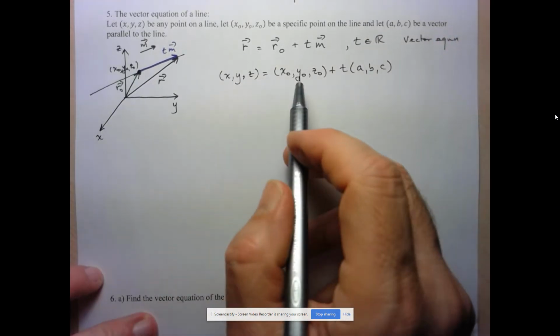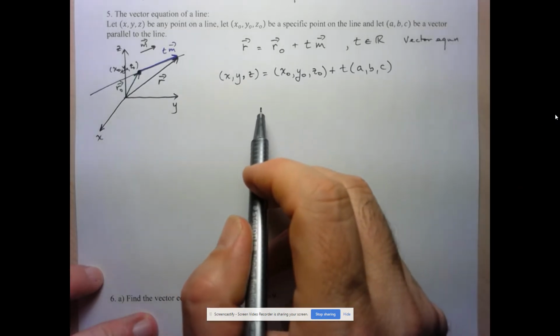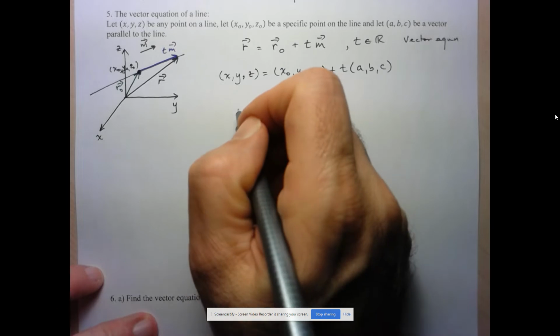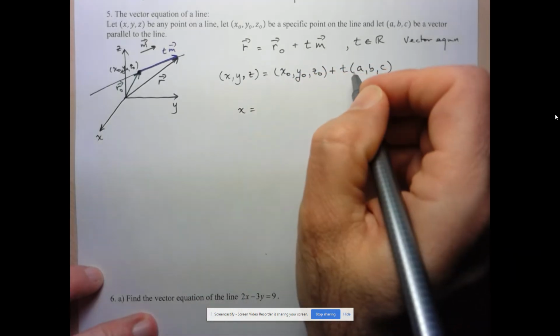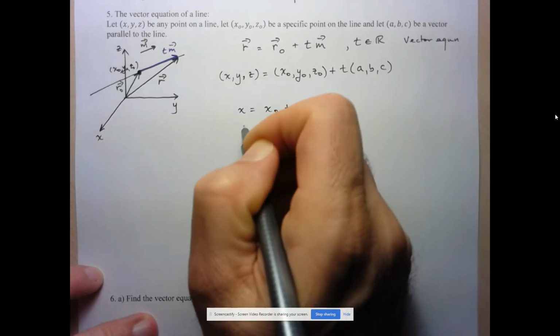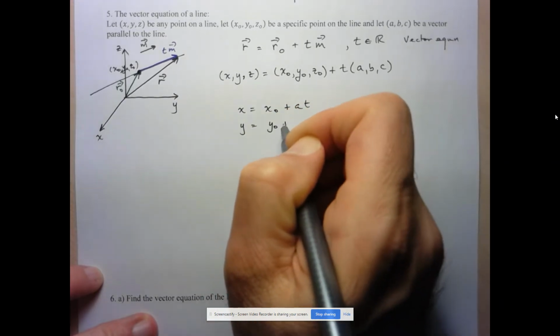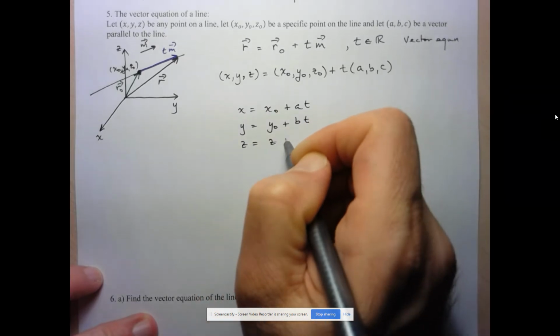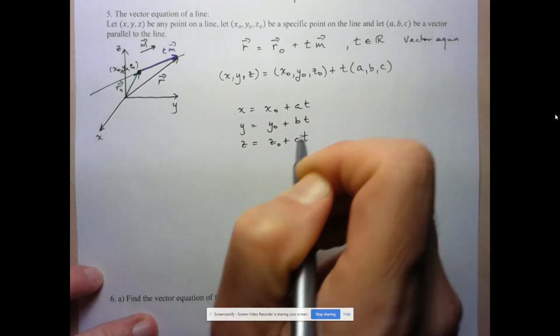We can now rewrite this in terms of the individual components, in other words, what we call the parametric equation. So here we have x is equal to x naught plus at, y equals y naught plus bt, and z equals z naught plus ct.